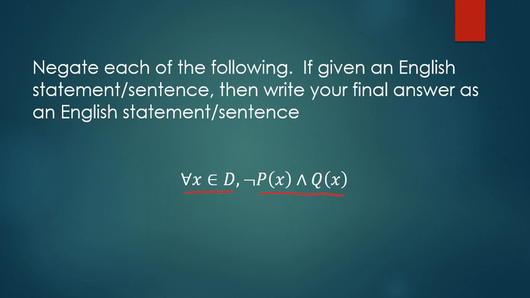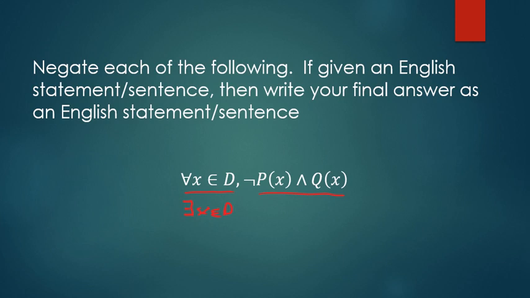So when we take the negative of a quantified statement, as I just said, we take the negative of the quantifier. So this for all is going to become there is x in D, and then we take the negative of the statement form here.